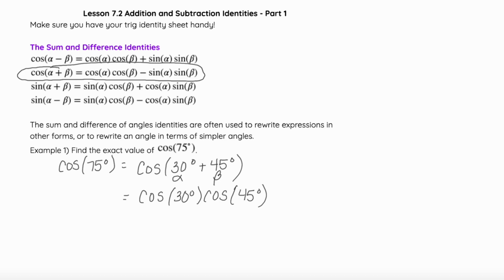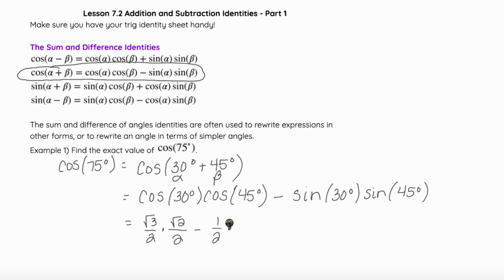Notice this is subtraction within the identity itself. Sine of alpha times sine of beta. And then we'll go ahead and evaluate them utilizing our unit circle. I know that cosine of 30 degrees is square root 3 over 2, and cosine of 45 degrees is square root 2 over 2, minus, I know sine of 30 degrees is half, and sine of 45 degrees is also square root 2 over 2.